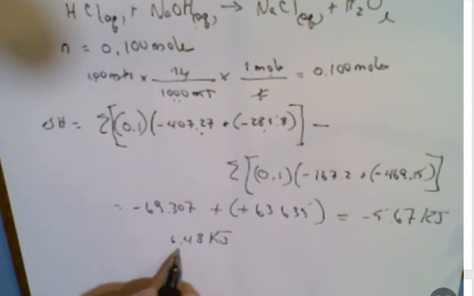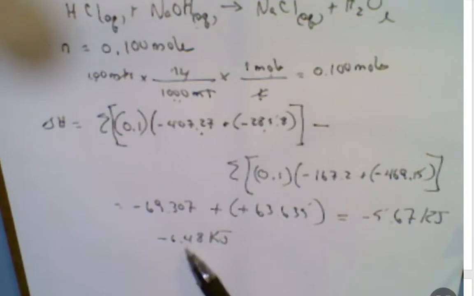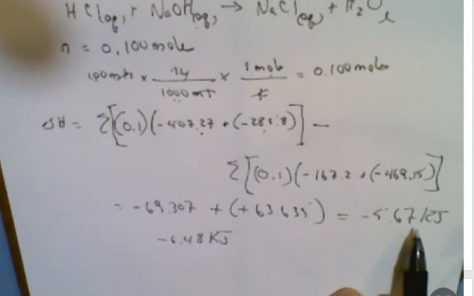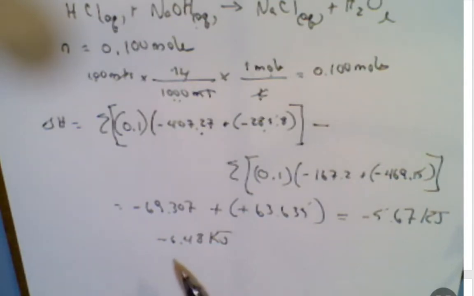Well, that's the same thing as 6.48 kilojoules. And so negative 6.48 is not the same thing as negative 5.6. But given our simple cups that we're using and the system, there's a difference, but we are still in the same ballpark for the change in enthalpy as a result of this reaction.